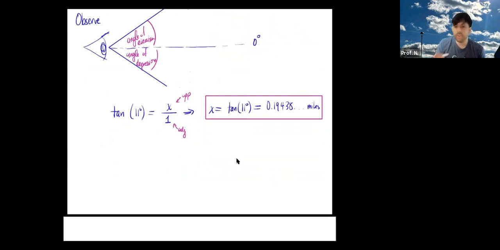But let's say I want to convert this to feet. Does anybody know the conversion between miles and feet? How many feet are there in 1 mile? Very good, Chen. That's right. So the conversion is 1 mile equals 5,280 feet.